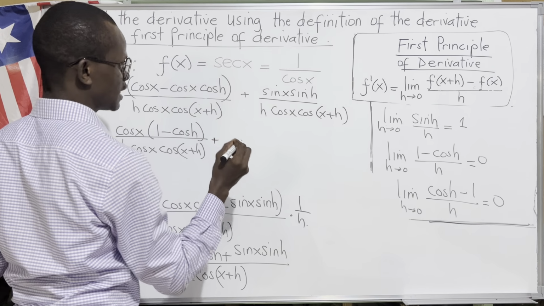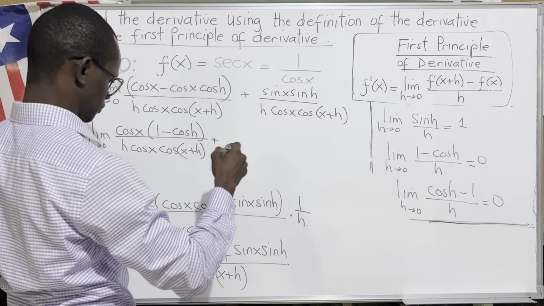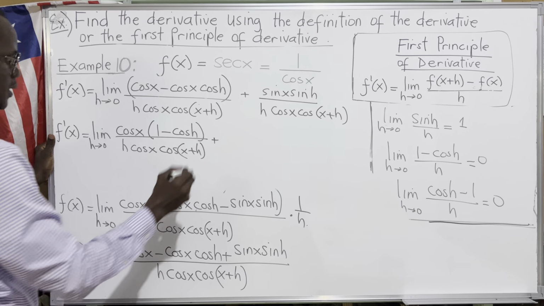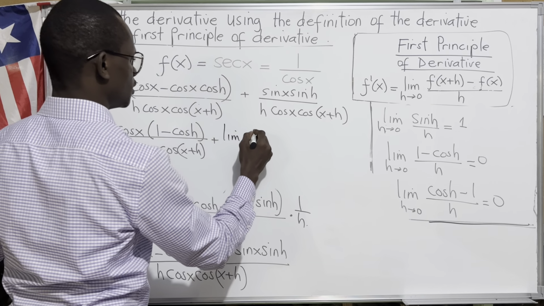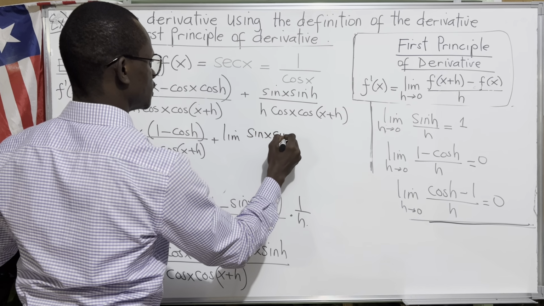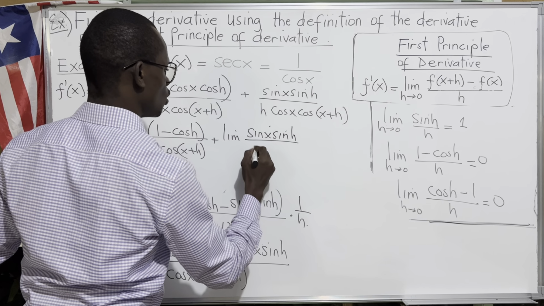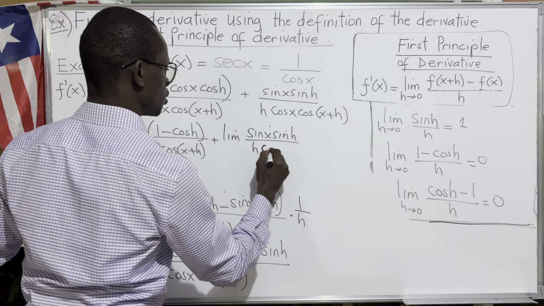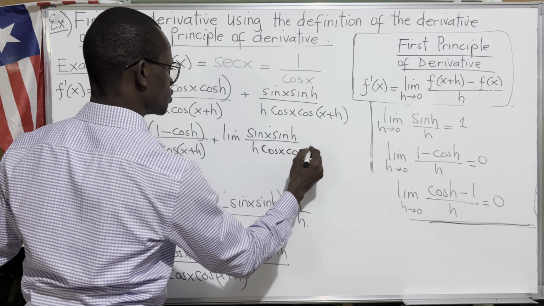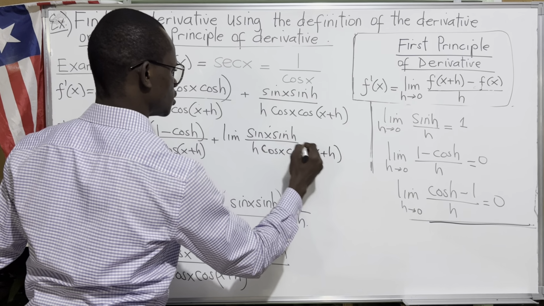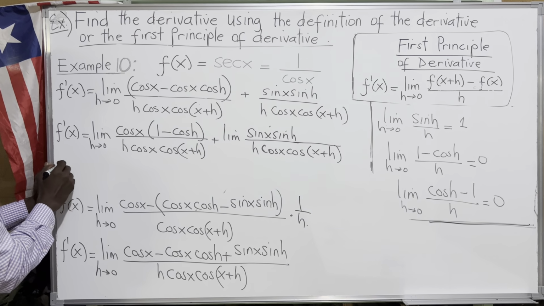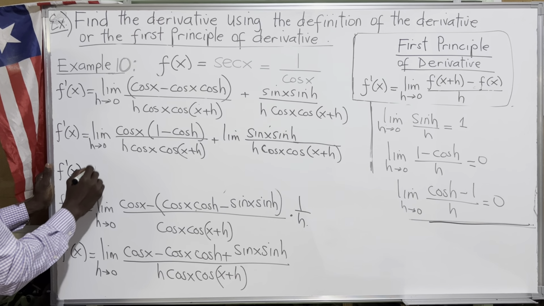I do the same on this side. Take the limit of sine of x sine of h, all over h cos of x plus h. And then you have f prime of x now to be equal to the limit.